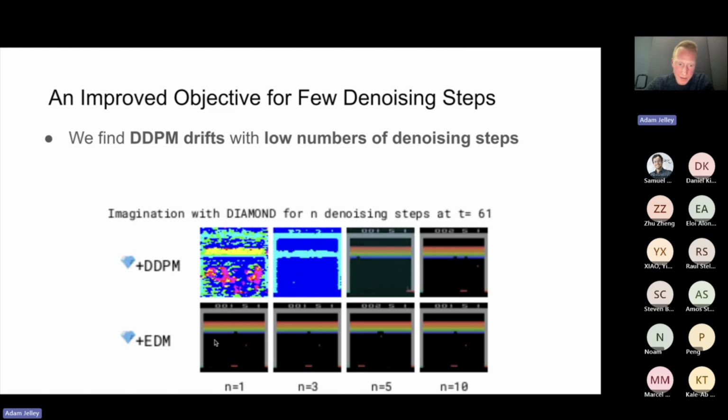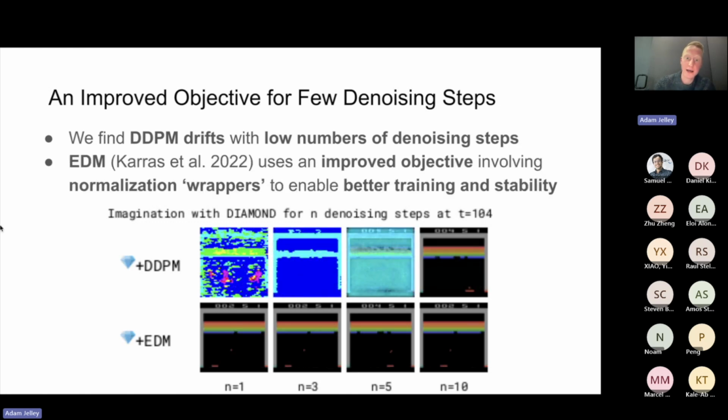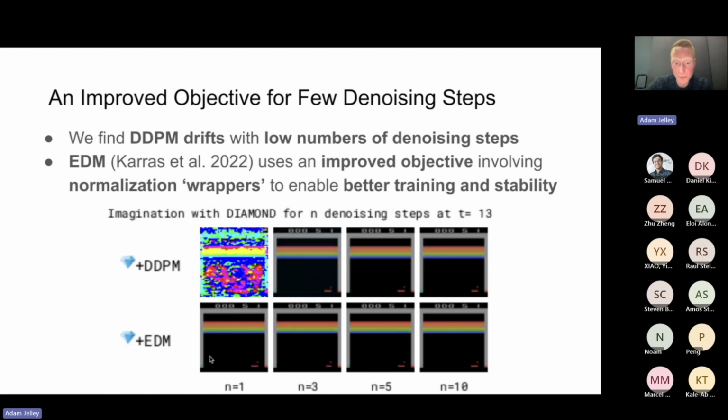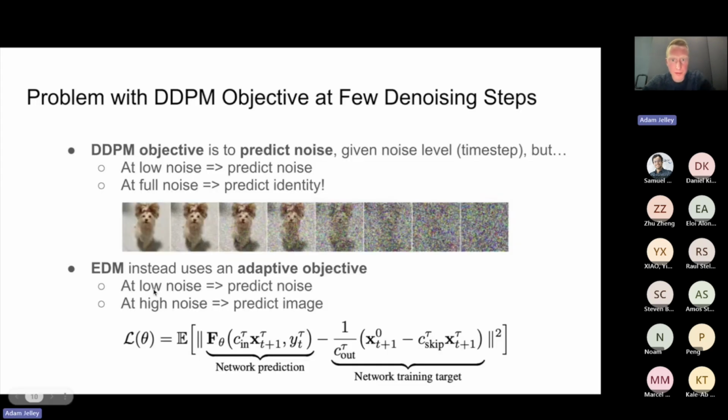But with an alternative diffusion model known as EDM, which relies on an improved objective, we're able to obtain a more stable world model, which is stable even with a single denoising step. So there are quite a few changes and adaptations that are made in the EDM model, but just to provide a bit of intuition as to why EDM performs better with reduced numbers of denoising steps.